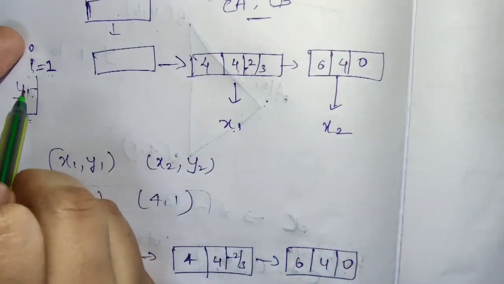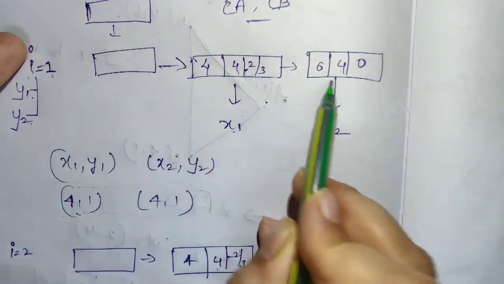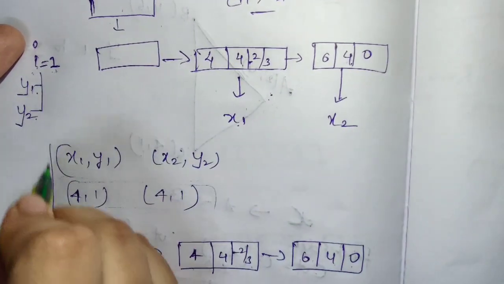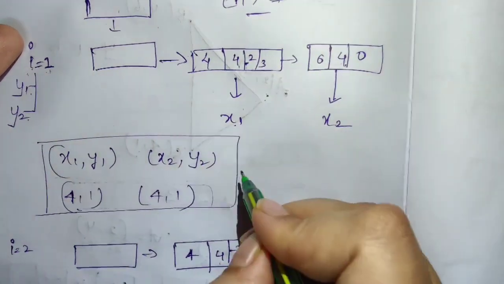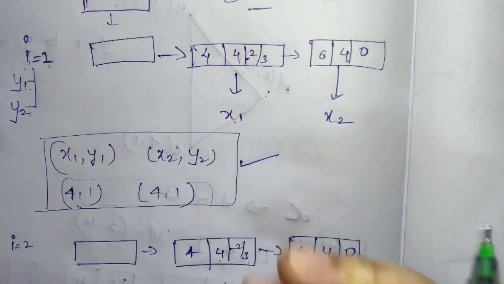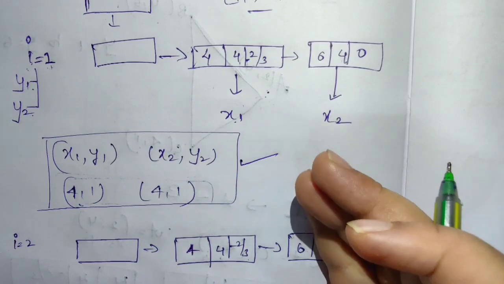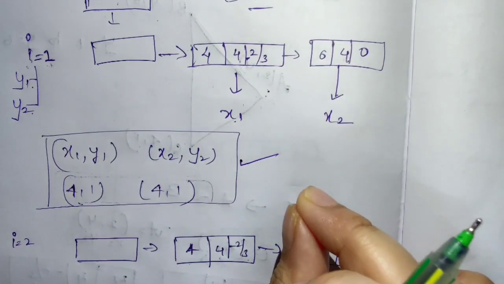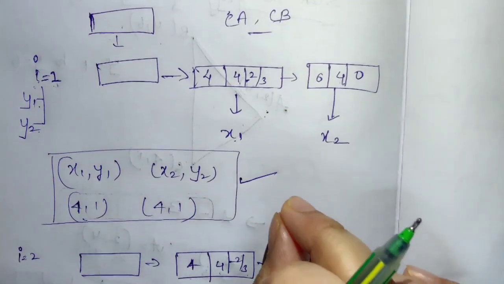So x1 comma y1 means 4 comma 1, and x2 comma y2 means 4 comma 1. In this way we are getting the first point. Based on these points we are going to color inside the polygon.